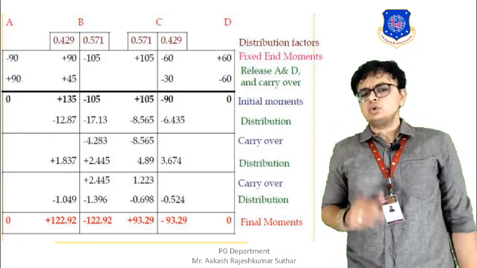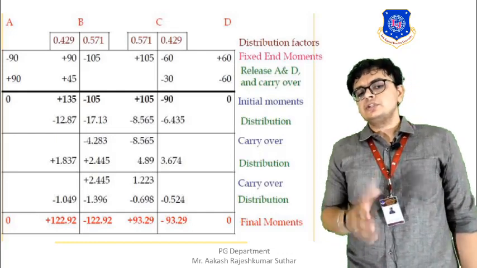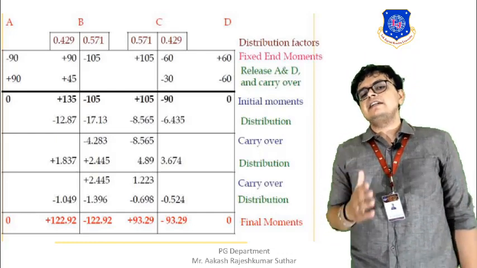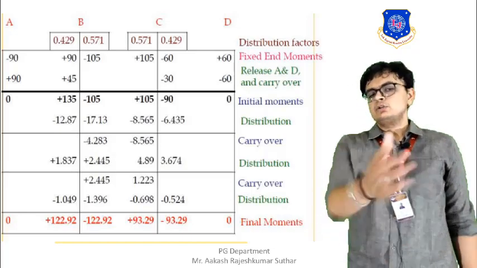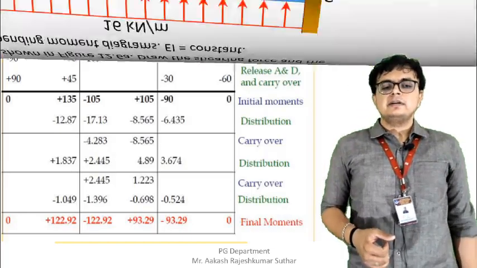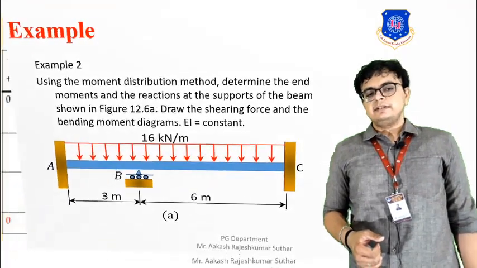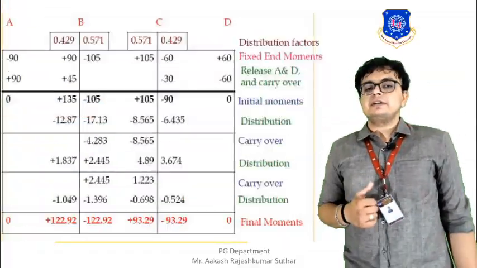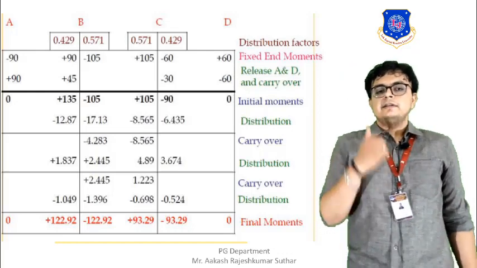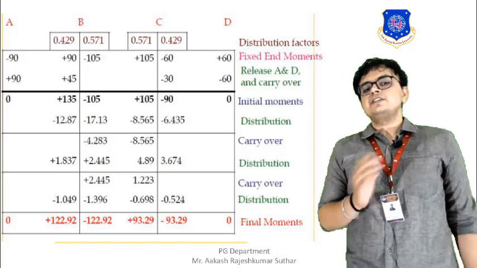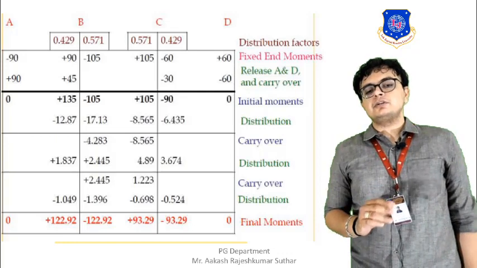So in order to cross check yourself, you should see the value of the final bending moment at both the members of a particular joint. Talking about this B joint, BA we are getting 122.92, and on the next side, that is BC, we are getting minus 122.92.